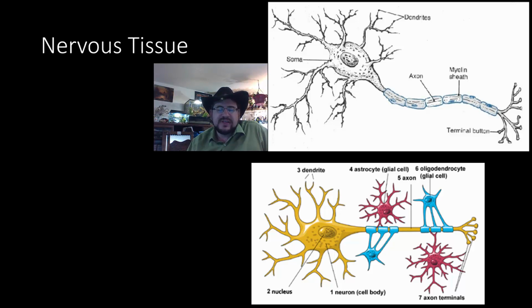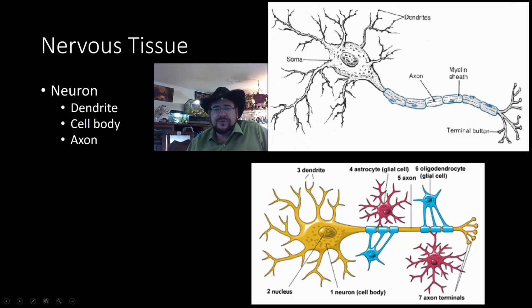We have a type of cell called the nerve, which is the big characteristic cell of the nervous tissue, but we also have a bunch of little accessory cells to help them out. So first, let's talk about the cell unique to the nervous tissue, the neuron.